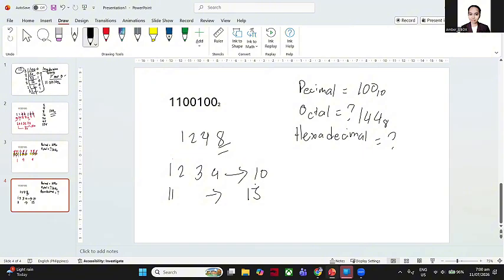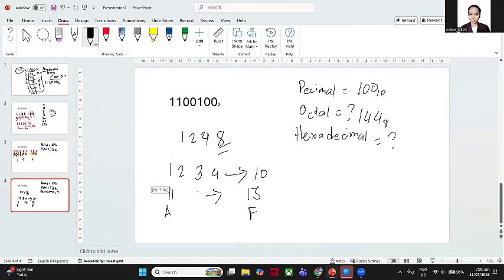Up to 15. 10 is always the A, and 15 is always the F. Why a letter sense?